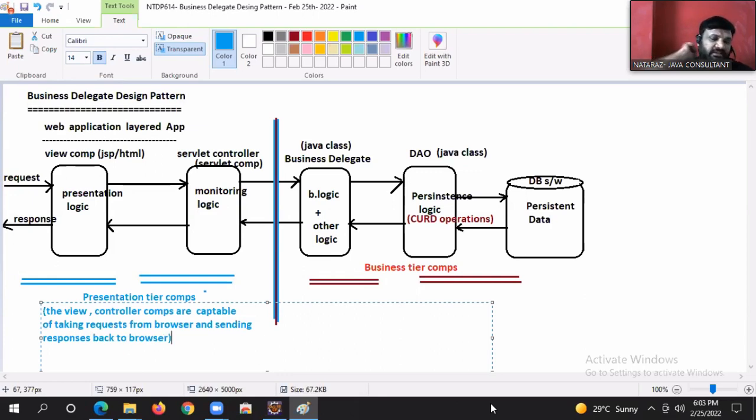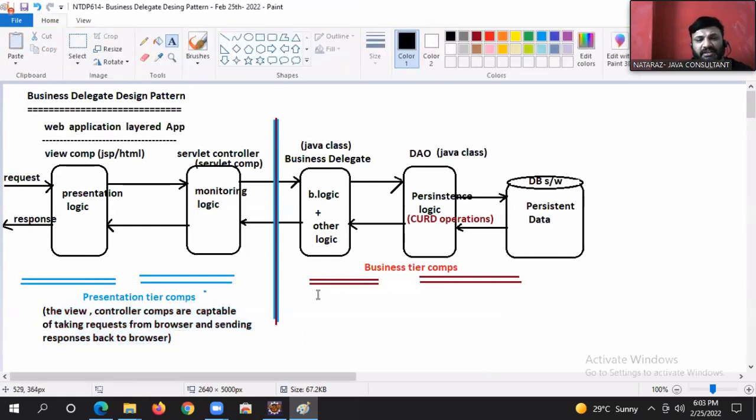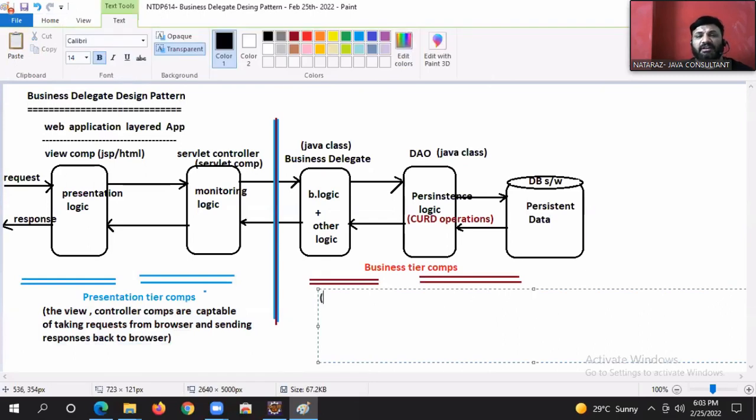So that's the reason these are called presentation tier components, boss.